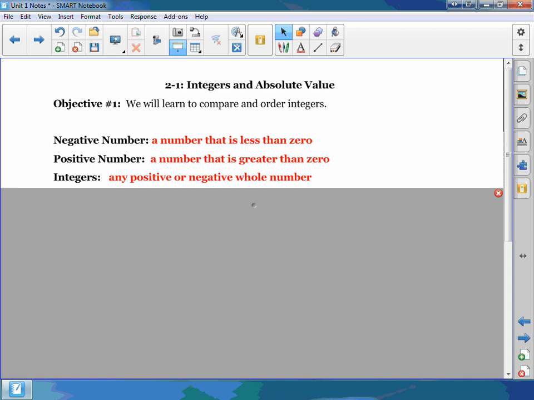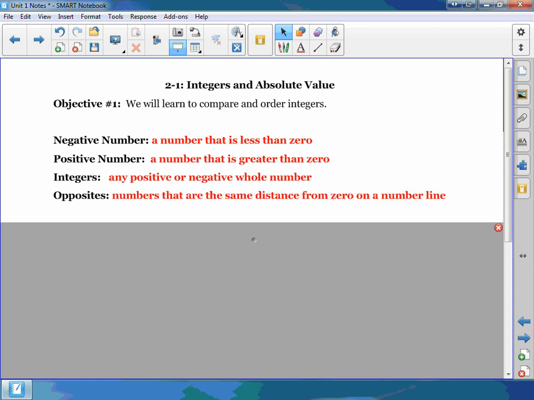Now, opposites. If you were in class, I'd be really curious to hear how you defined opposites in terms of the numerical sense. But our definition of opposites simply looks like this. Numbers that are the same distance from 0 on a number line. If you think about that, if I would have asked you in class, if I said, okay, I have a number 5, what is the opposite of 5?